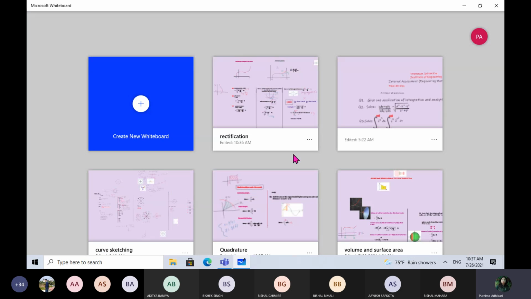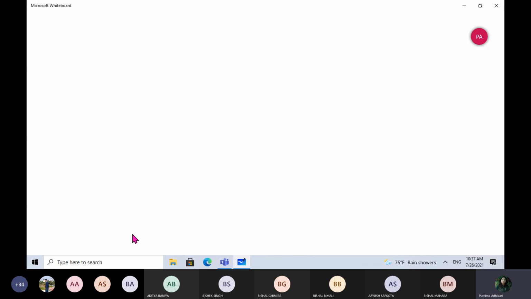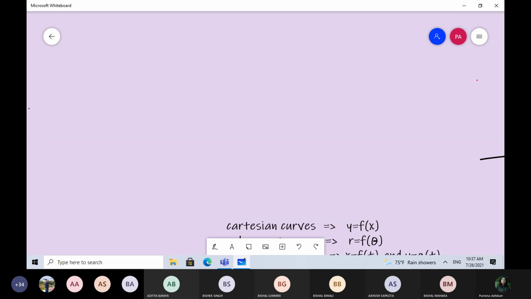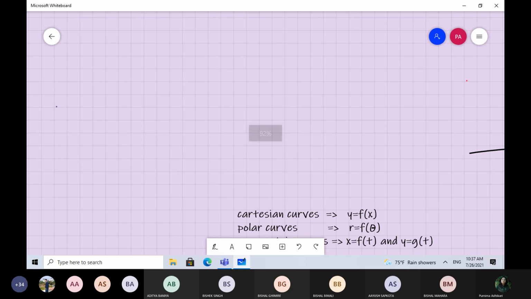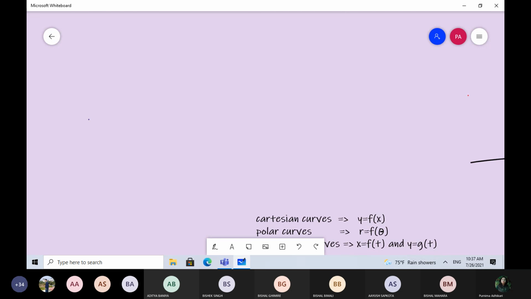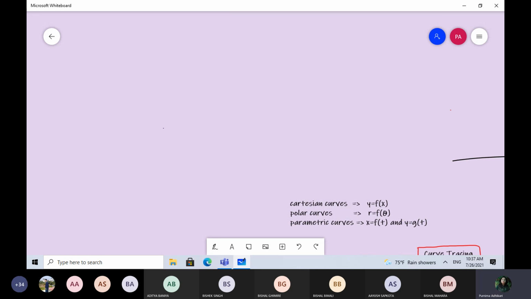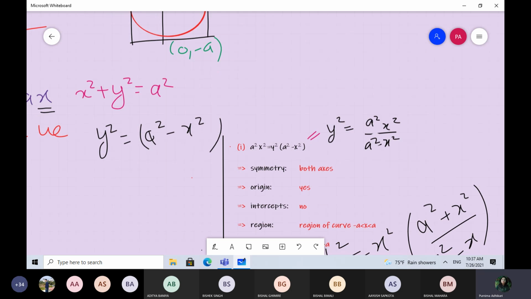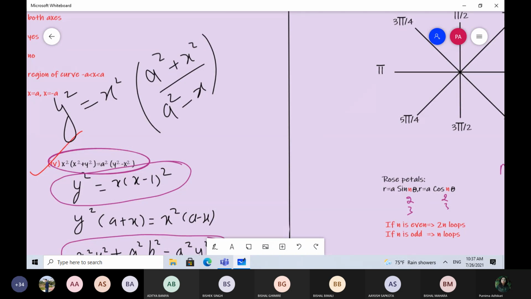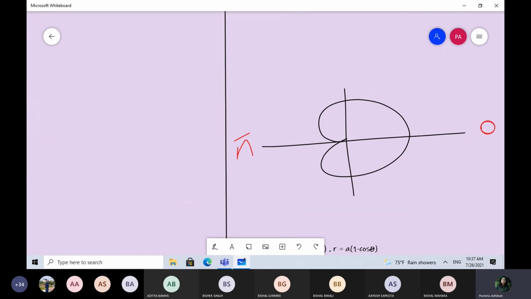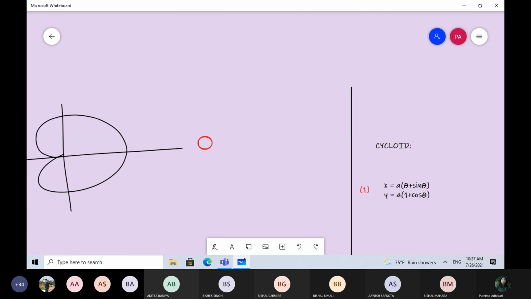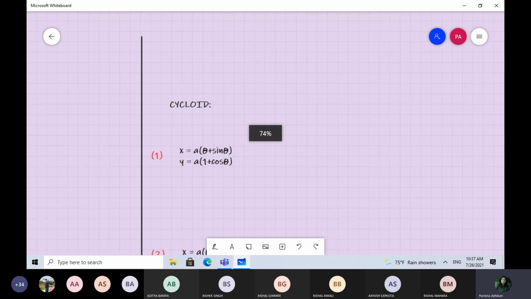Okay, let me show you that curve sketching equations. This is your equation, isn't it?